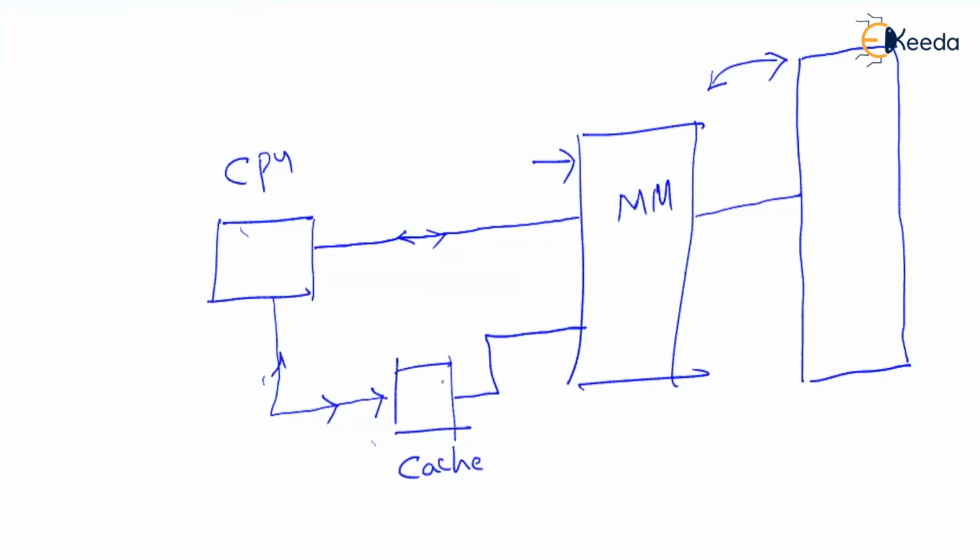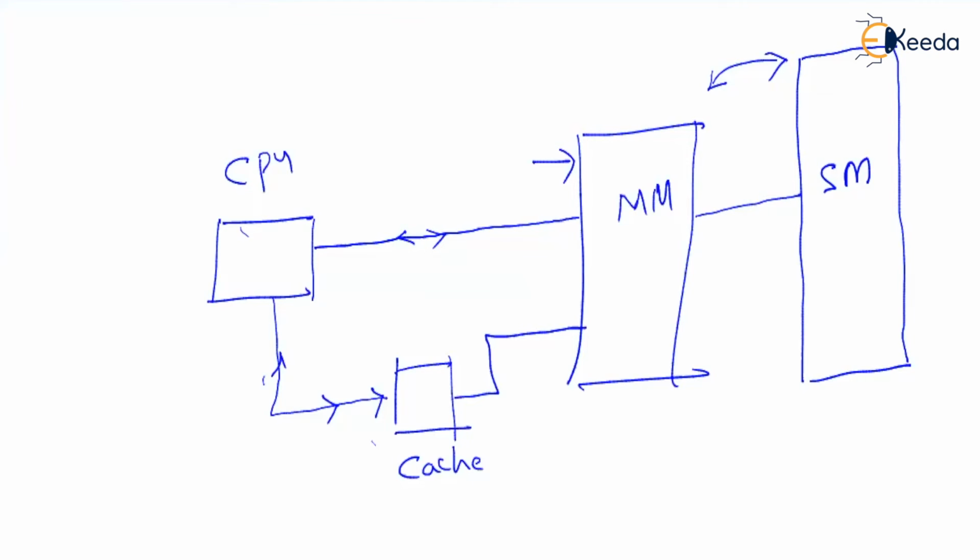Now let us see. The data element which is being searched is neither present in the cache memory nor present in the main memory. So at that time, what does CPU do? Can CPU directly go to the secondary memory and search? No. You can clearly see that there is no direct connection between CPU and the secondary memory.